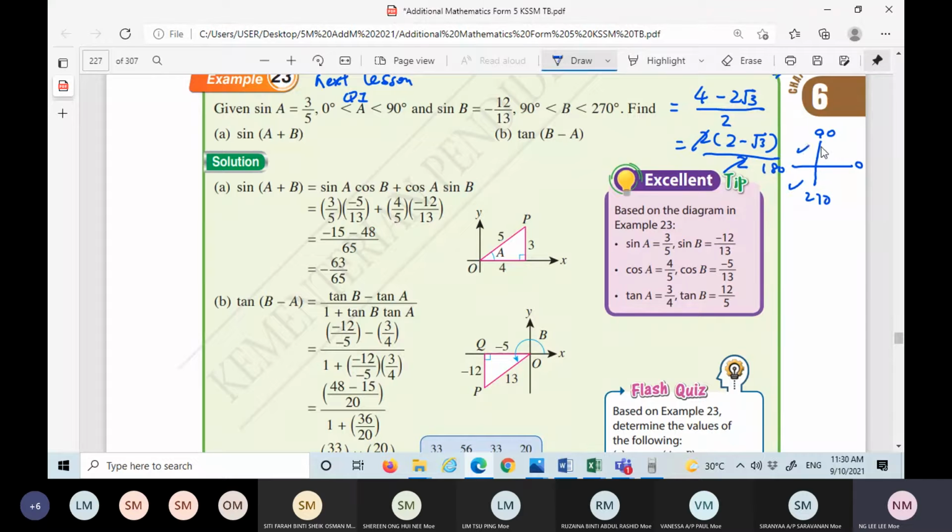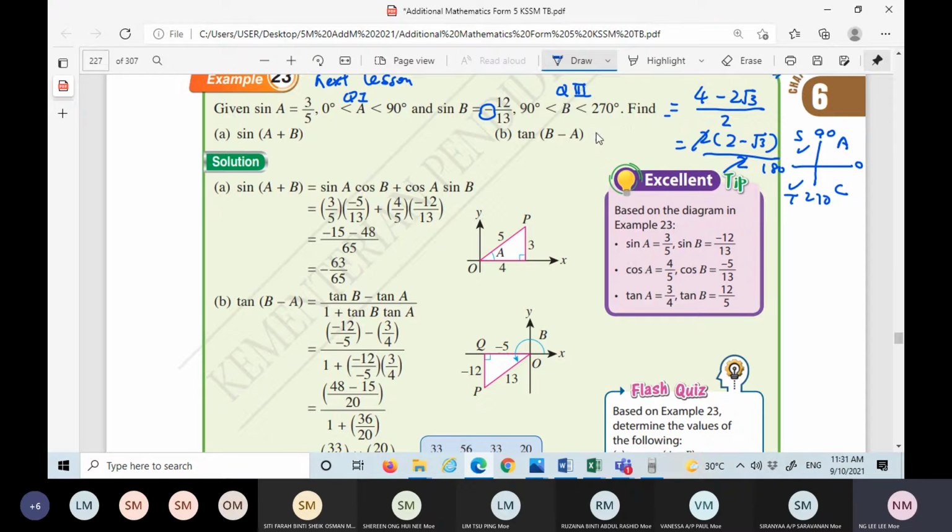So it is either in the second or the third quadrant. But you see sine is negative here. In the second quadrant sine is positive, all science teacher crazy. So here is positive. Therefore, at the third quadrant, sine is negative. So B is at the third quadrant.